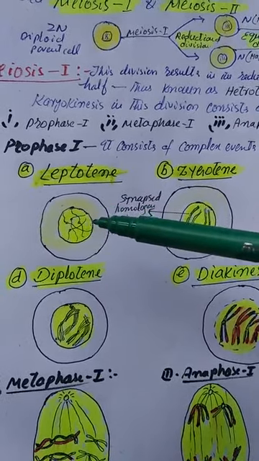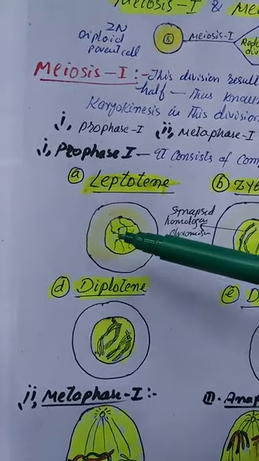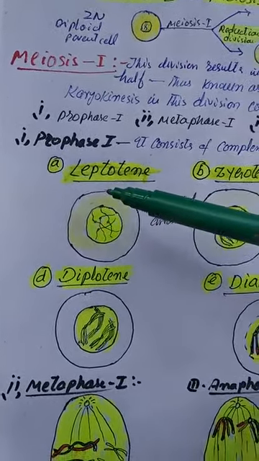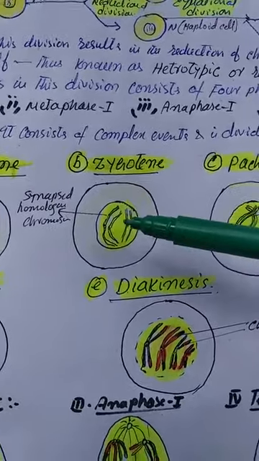As they contract and become thicker, their dual nature is seen, as you can see in this sketch.